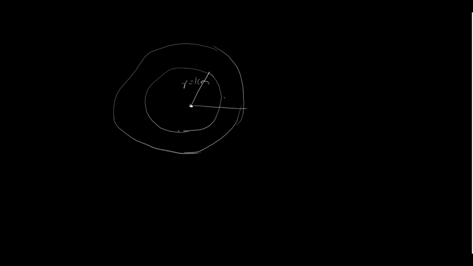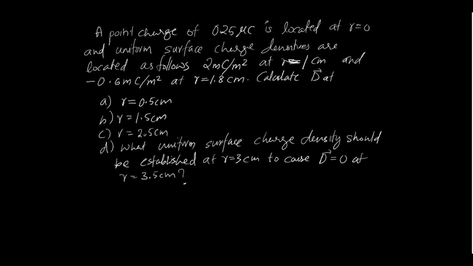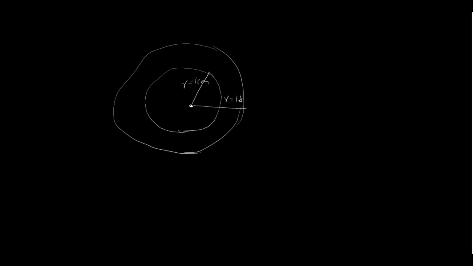So this is a sphere, with r equal to 1 centimeter and r equal to 1.8 centimeter. Okay, and the third question is we have to keep another charge at r equal to 3. That we'll see later.